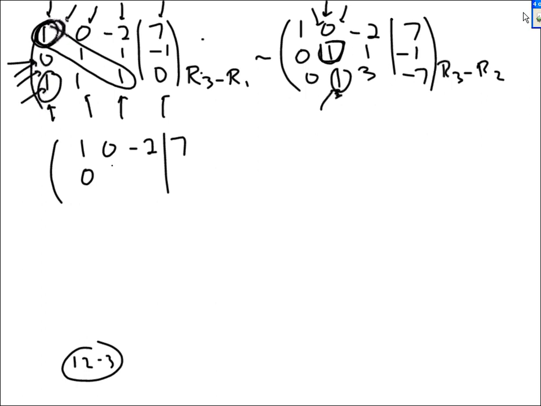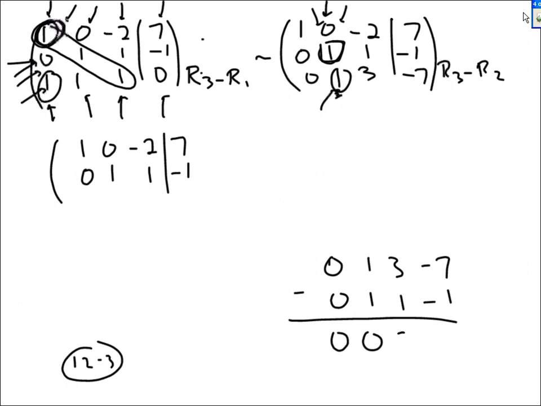Row 2, we never really planned on changing it. Here is row 3. Here is row 2. If you subtract, you get this: 0, 0, 2, negative 6.